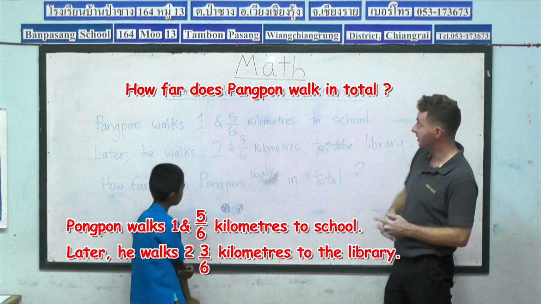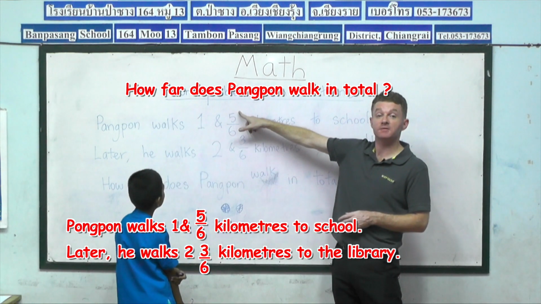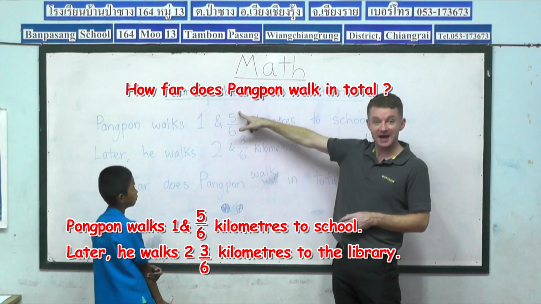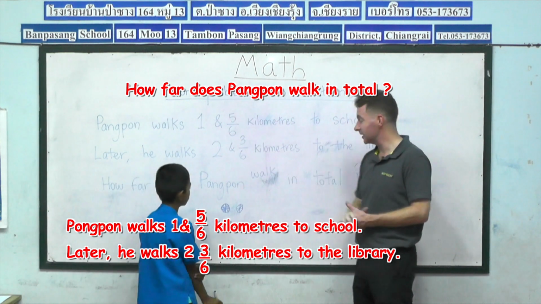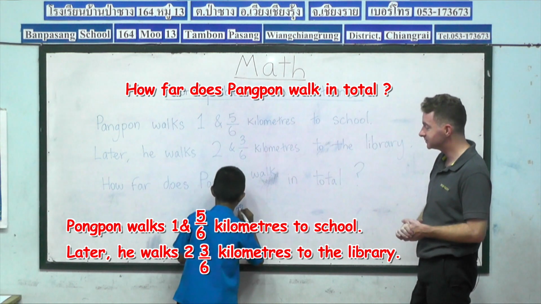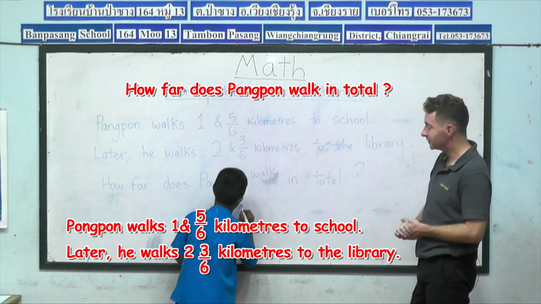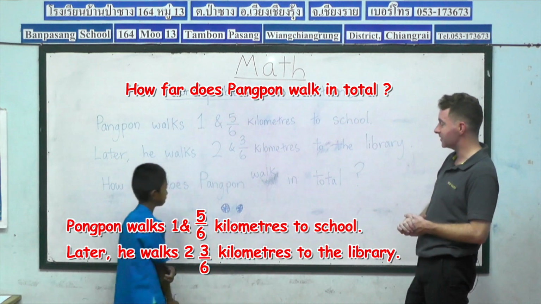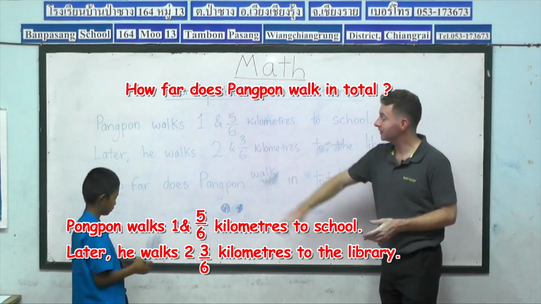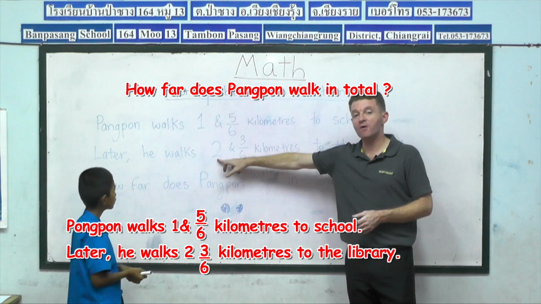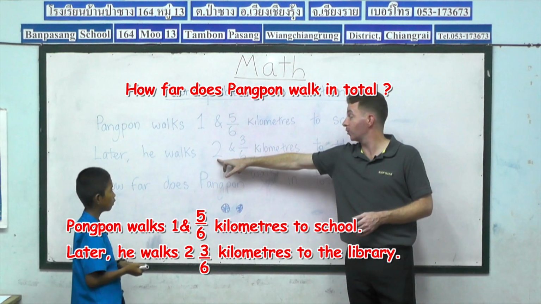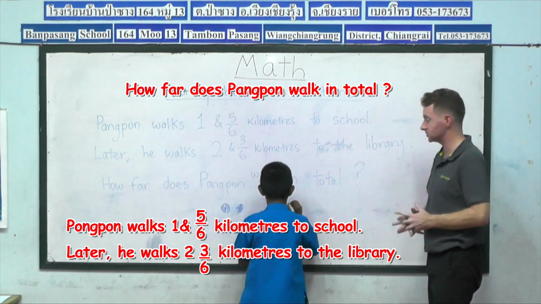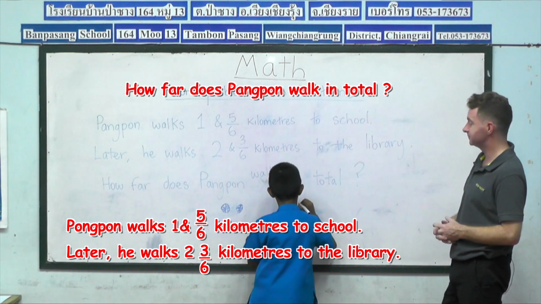Excellent, well done. And now, how many pieces need to be filled in? 5, yes, 5 over 6. So now 5 pieces filled in. Excellent, Pat. Okay, and then, how far further does he walk? 2 and 3/6. So now we need another 2 circles, completely filled in.